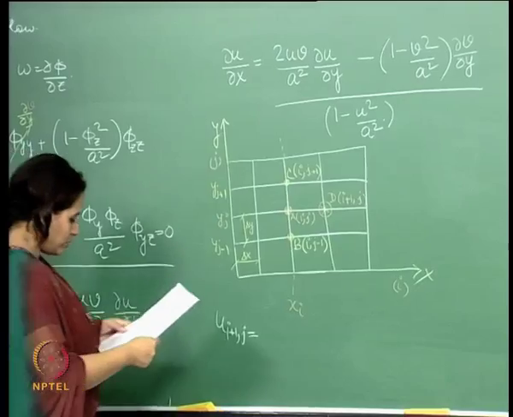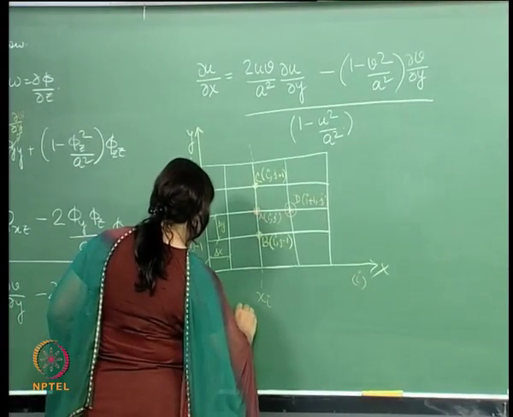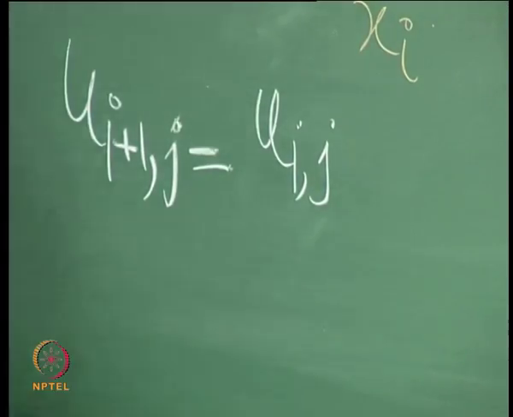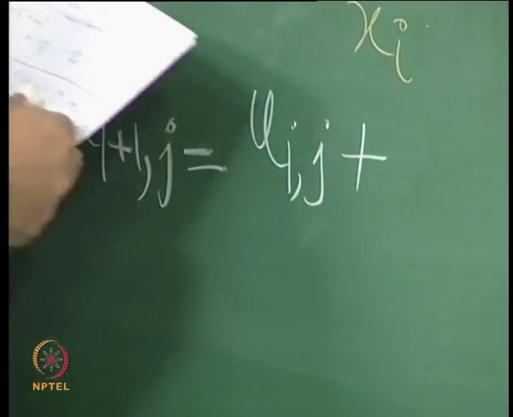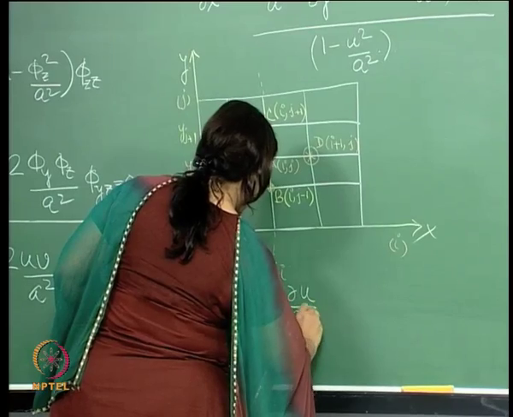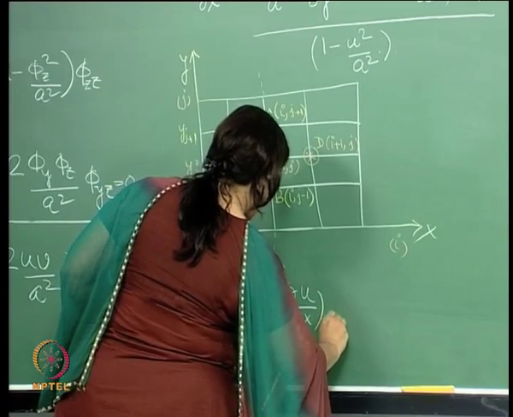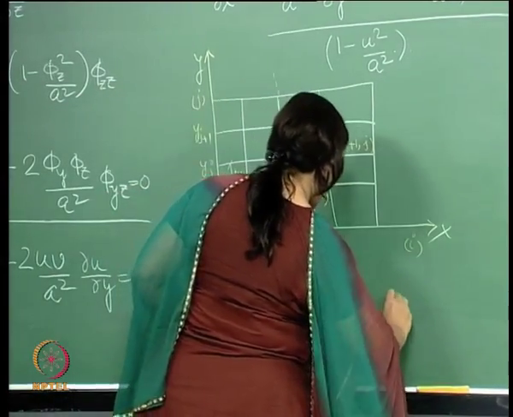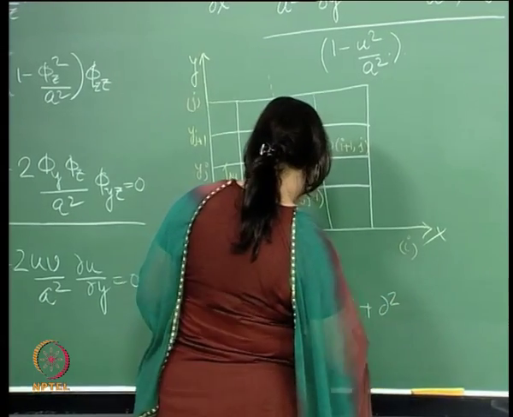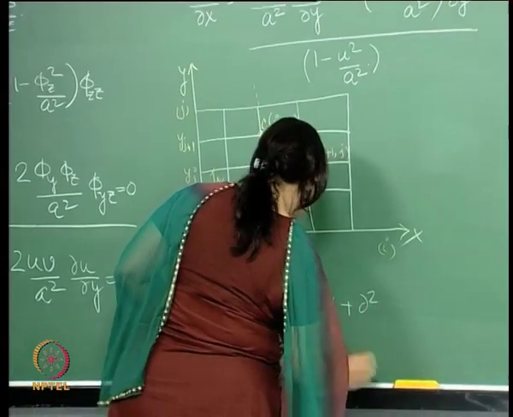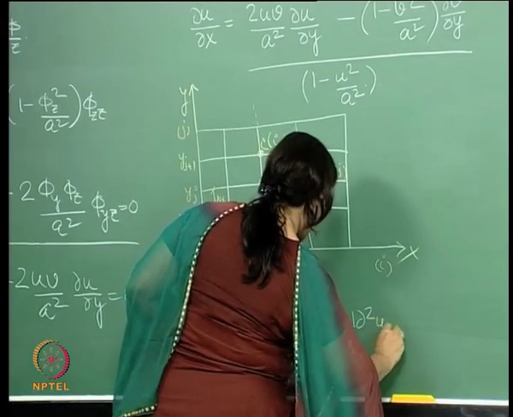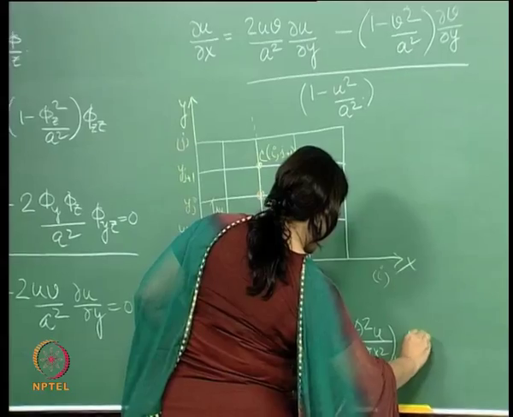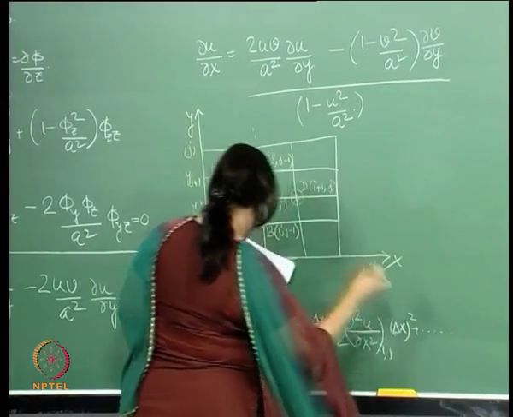If I were to write this in a Taylor series, I will write u I plus 1 j as u I j plus del u del x at I j into delta x, plus half del squared u del x squared at I j into delta x squared, and so on and so forth.